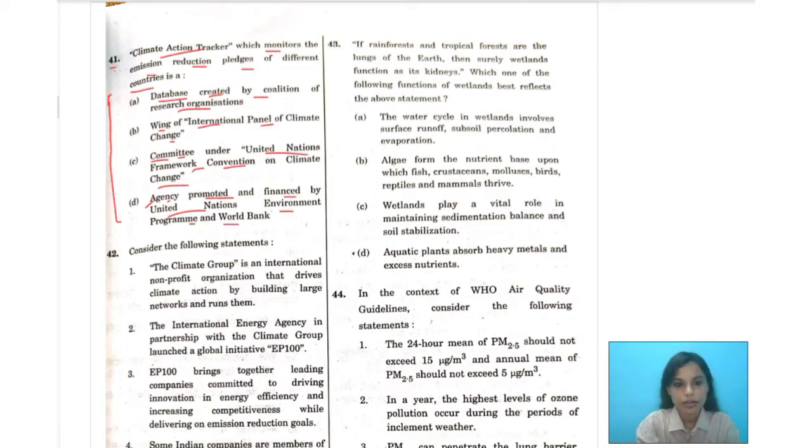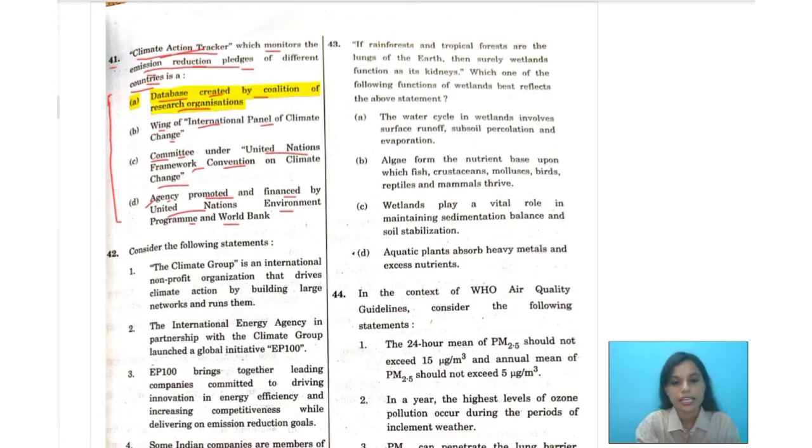So the Climate Action Tracker, which monitors the emission reduction pledges of different countries, is basically a database. So we are going to consider option A as the correct one, that is database created by coalition of research organizations.